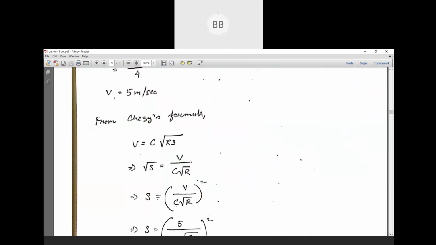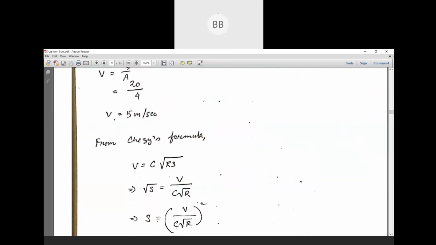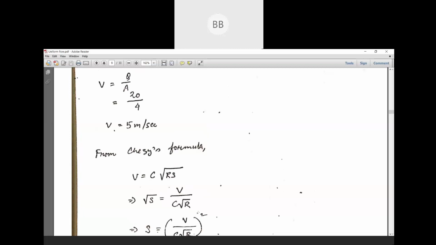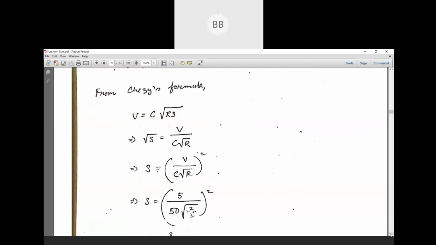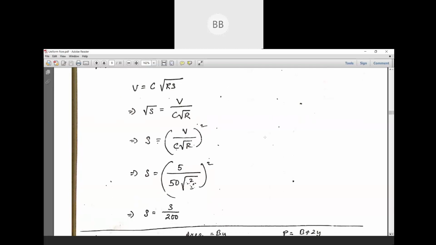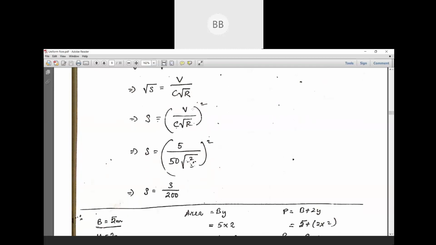Here we separate out the bed slope: v divided by C root over R, then we remove that root, so it will be squared. So we substitute velocity 5, Chezy's constant 50, and R is 2 by 3, whole squared.